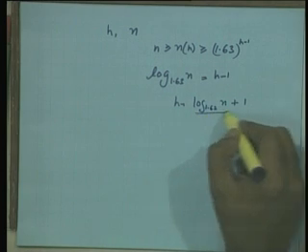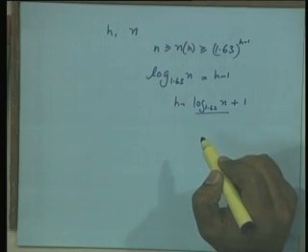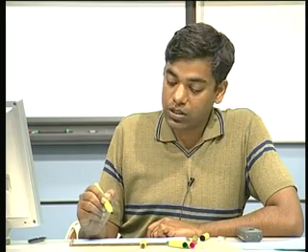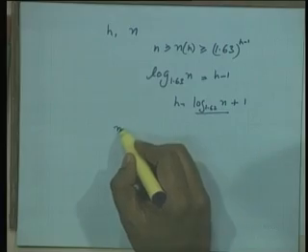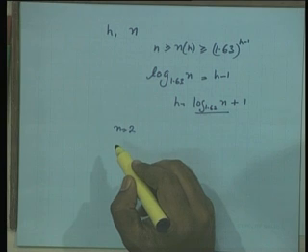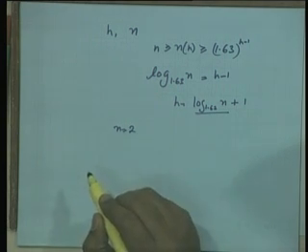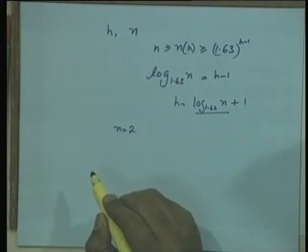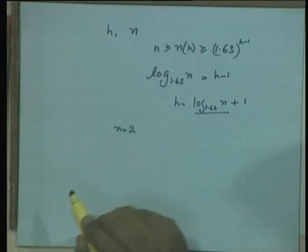So we have been able to prove this kind of a sharper bound. Sir, this equation doesn't satisfy n equals 2. It does? Okay, great. It also works for n equals 2. So that was our base case.